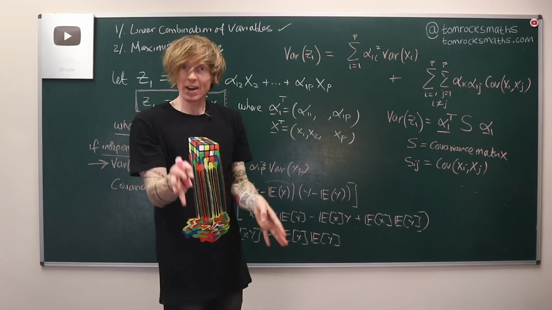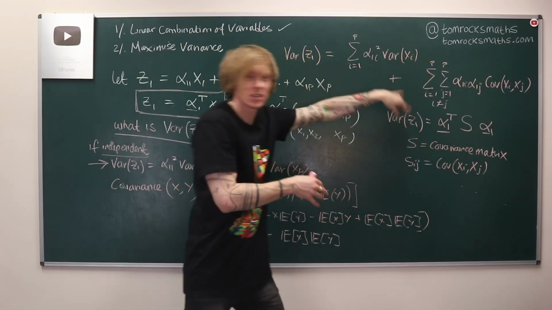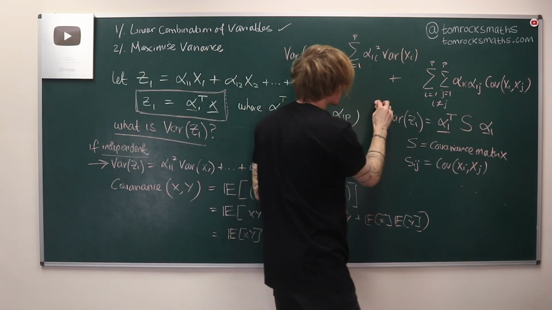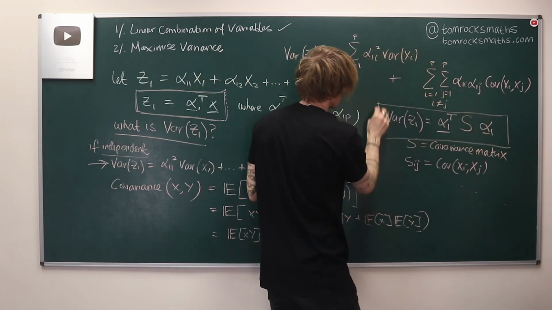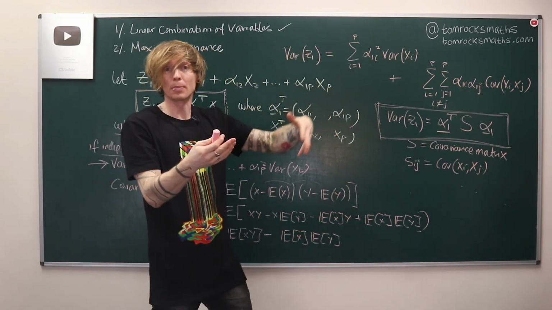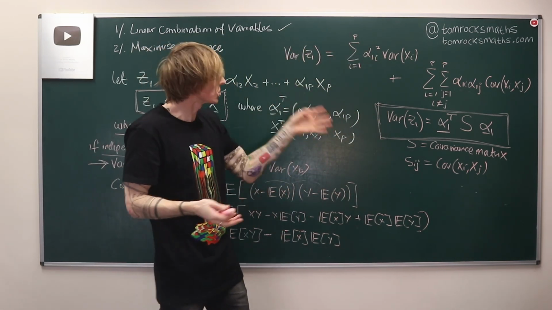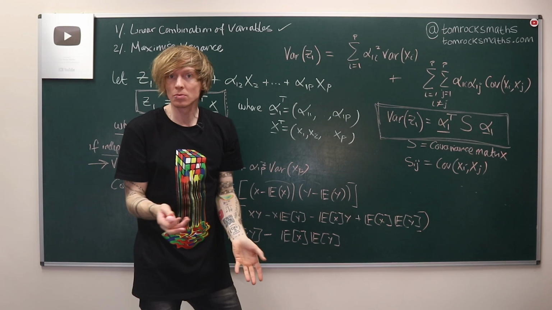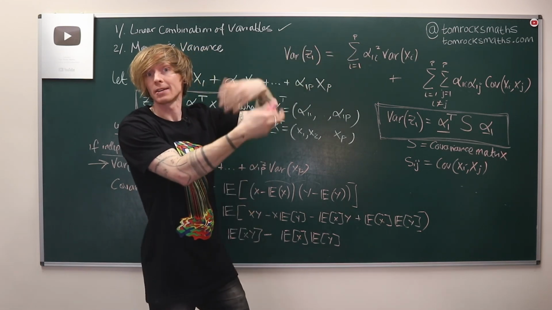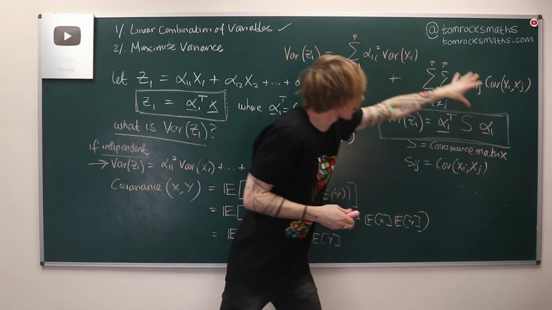Now at this point, if you're not familiar with matrix notation, or you've got a bit lost as to how I've ended up with this formula for the variance, I would recommend trying a simple two-dimensional case. So take two variables, x1 and x2. Convince yourself that the variance of alpha 1 x1 plus alpha 2 x2 would look like this.